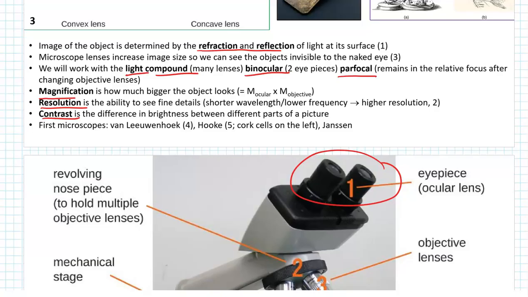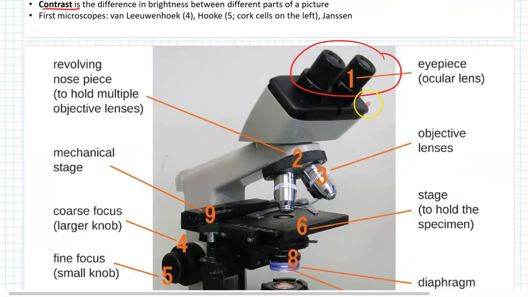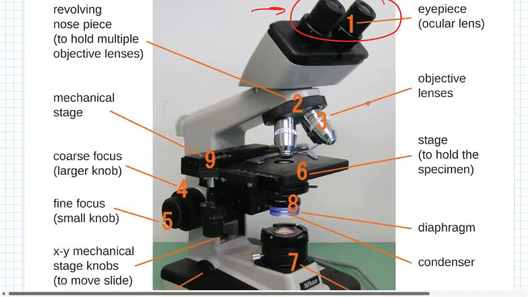So first of all, magnification is the ability of a microscope to make things larger. When you work with a microscope, you can calculate the magnification that you are working with by multiplying the magnification of eyepieces by the magnification of objective lenses.